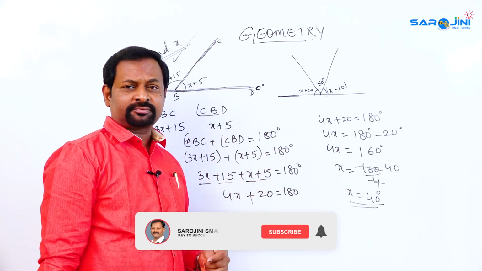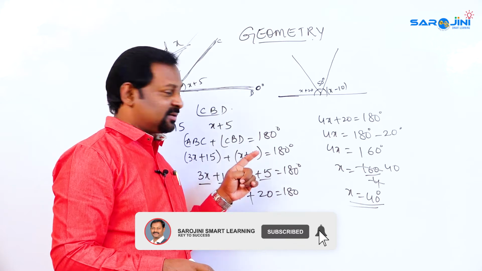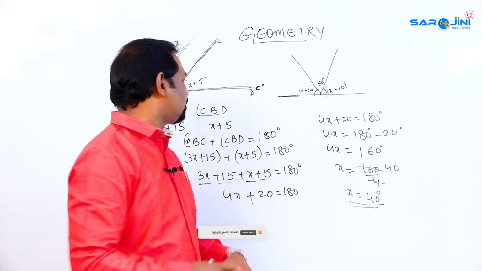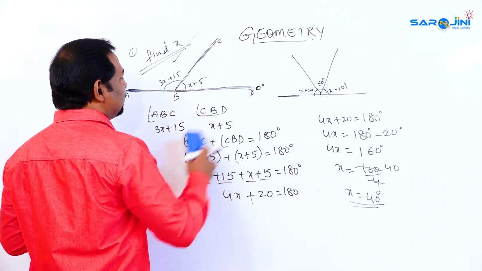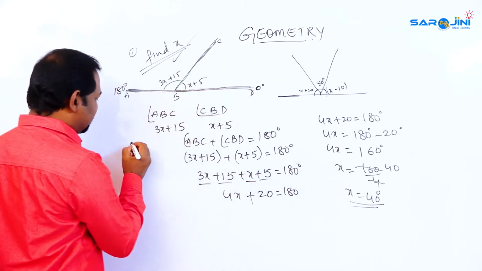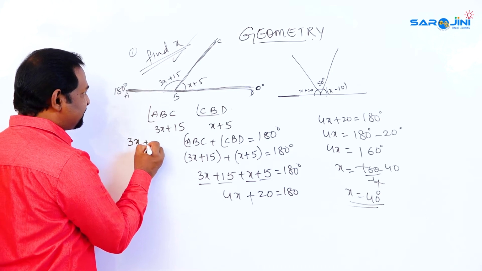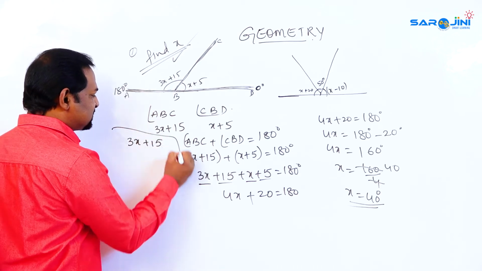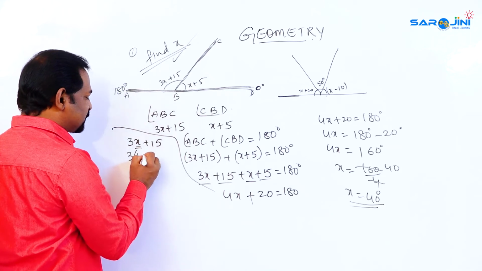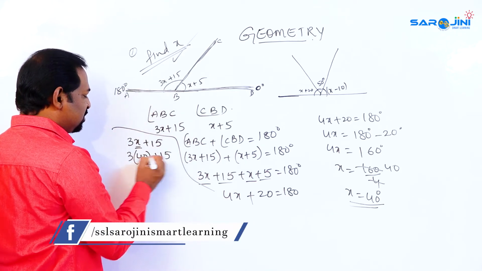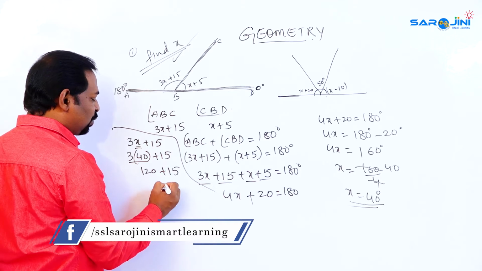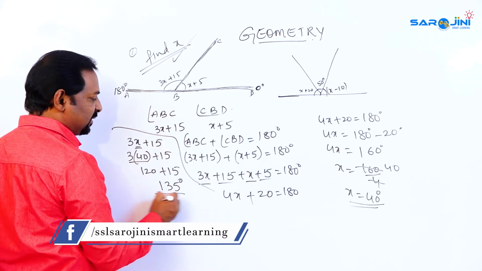Now suppose you want to check whether this 40 is right or wrong, how are you going to do it? I'll explain now. Here the first angle is 3x plus 15. That means 3 into x, and x is 40, plus 15. 3 times 40 is 120 plus 15, which is equal to 135 degrees, one angle.